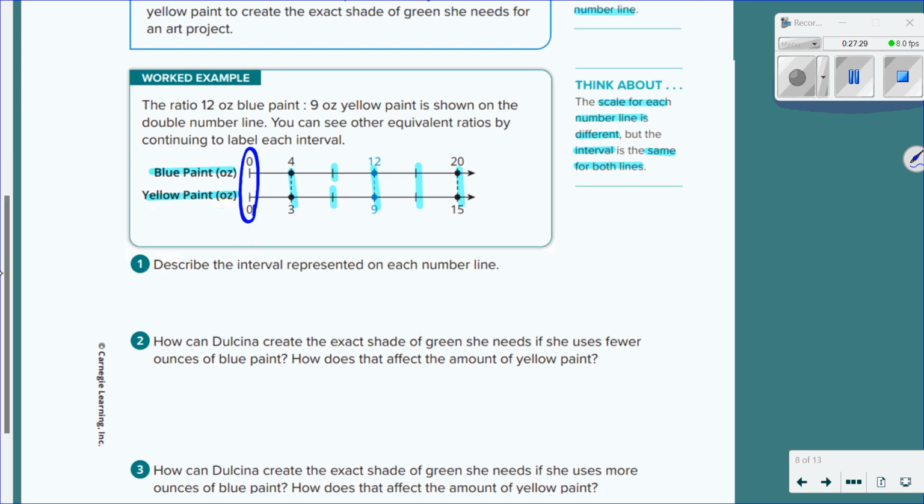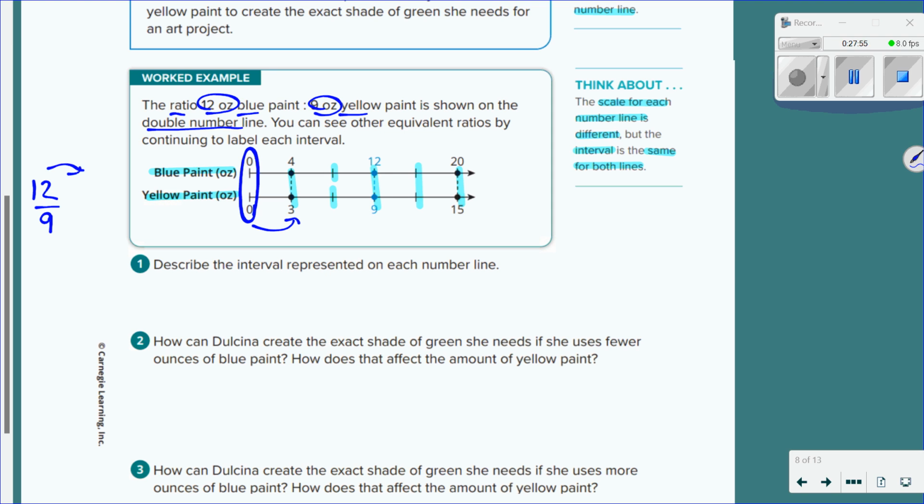In this case, we have a ratio of 12 ounces of blue paint to 9 ounces of yellow paint, shown on this double number line. One other key is my first interval should always be whatever the ratio is in simplest form. So if I start at 12 and 9, can I divide 12 and 9 by 2? By 3? Yes.